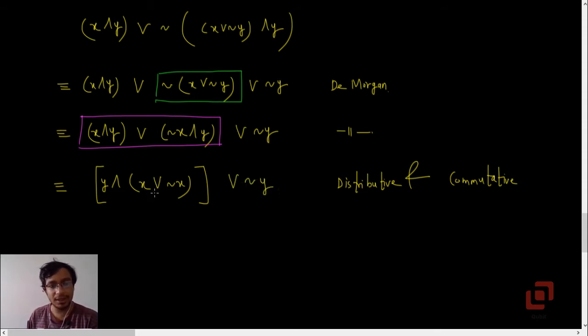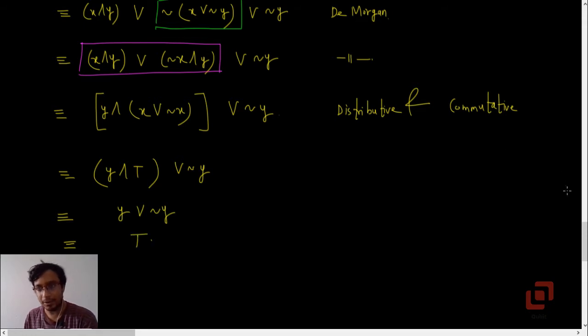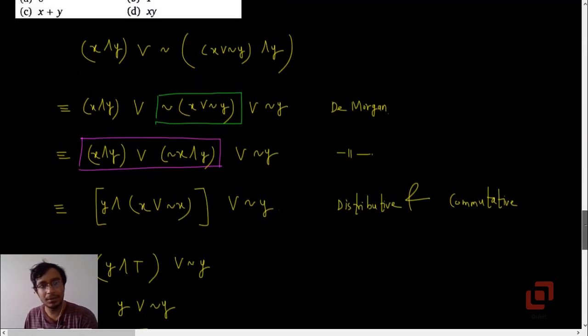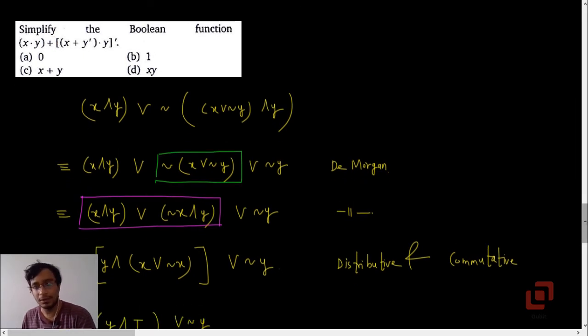Now x or negation x is always going to be a tautology. So it is y and tautology or negation y. Y and tautology is y, so it is y or negation y, but y or negation y is always true or a tautology, and hence the function is always true or always takes the truth value 1.